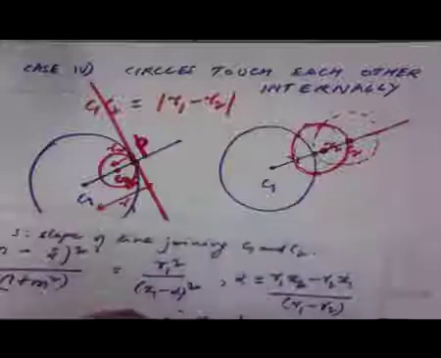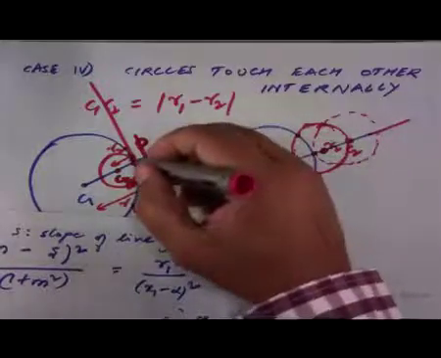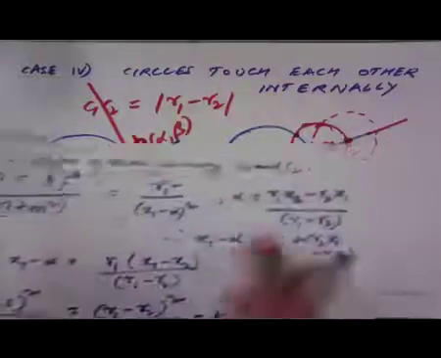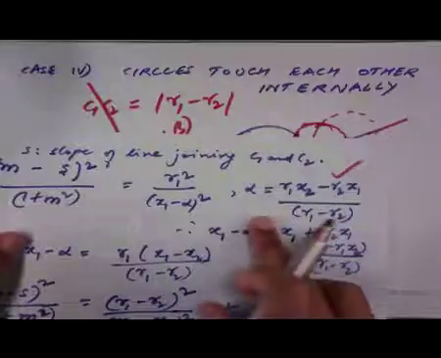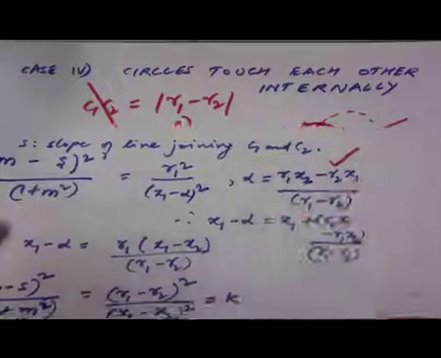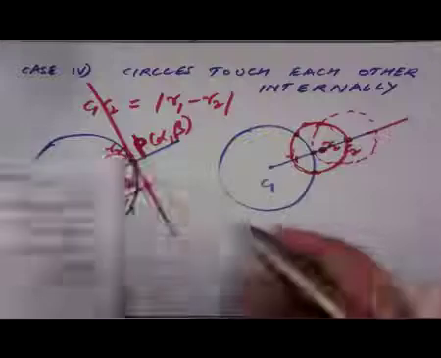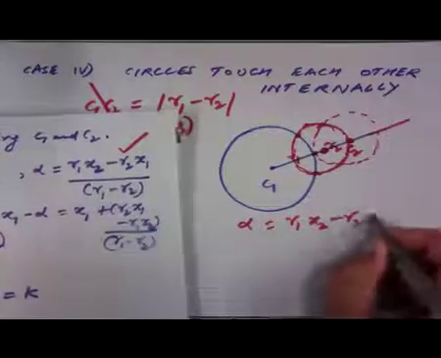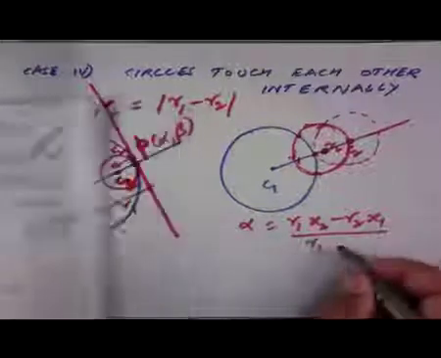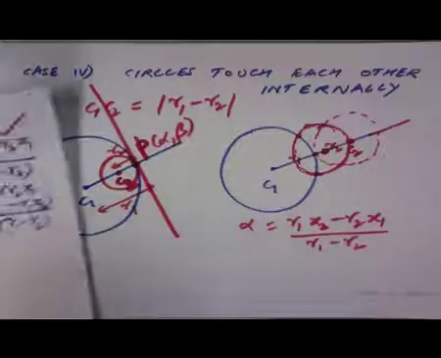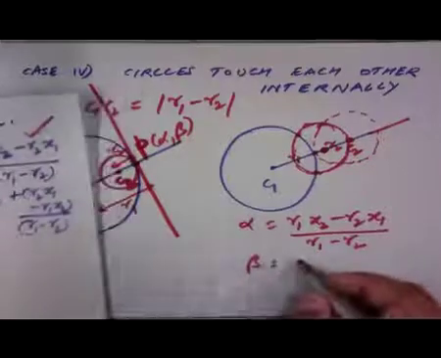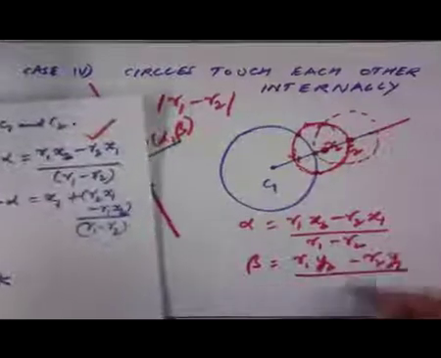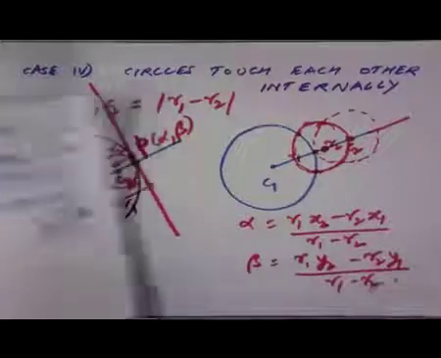So, the coordinates of this point will be alpha and beta. The value of alpha is R1 x2 minus R2 x1 by R1 minus R2, and beta will be correspondingly R1 y2 minus R2 y1 upon R1 minus R2.